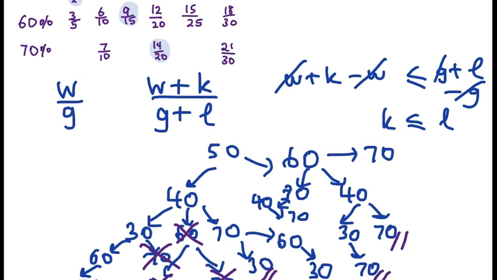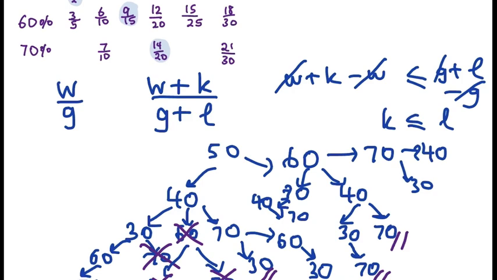From 7/10, we can either go to 30 or 40. Seven tenths to 30%, well, we'd choose 7/10 to 6/20.